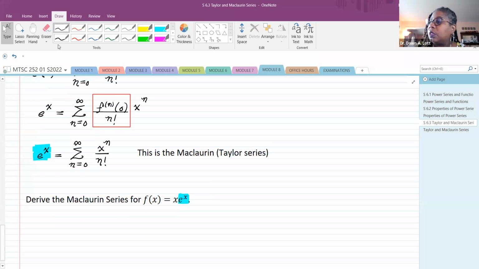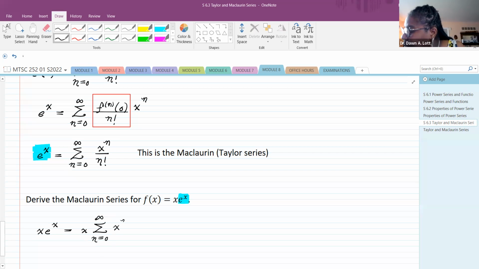So my answer to this would be x e to the x would be x times the sum n equals 0 to infinity of x to the n over n factorial.